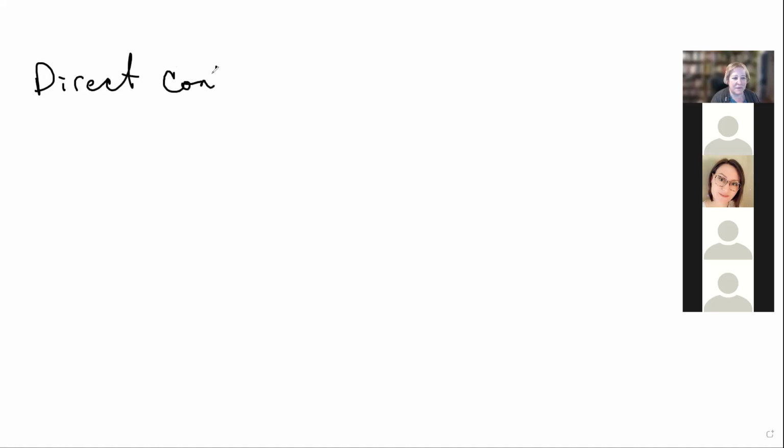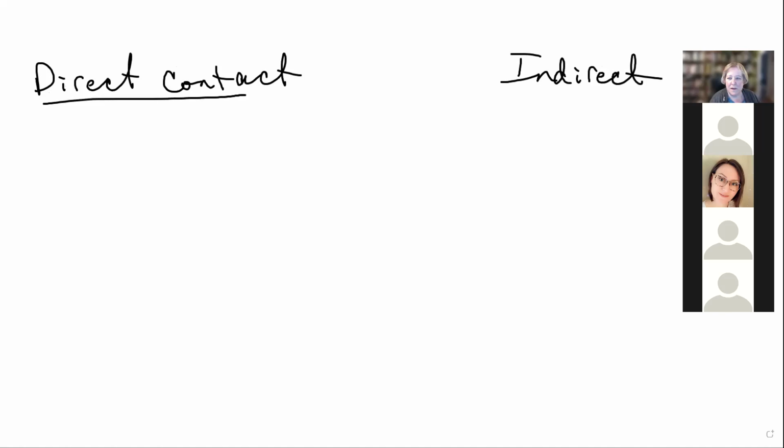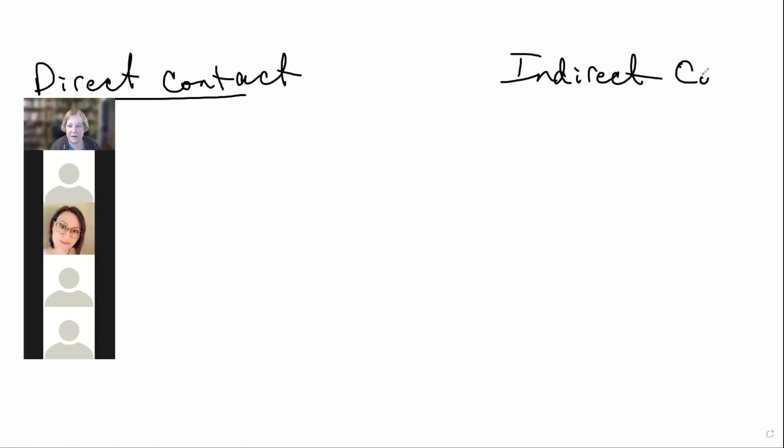So we're going to do direct contact first, and then we're going to do indirect. They're all contact because you have to have contact with the pathogen to become ill.